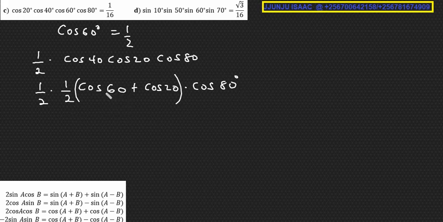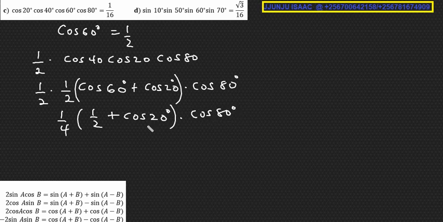So we are lucky we still have a cos 60 here, which is going to give us a half. So this is a quarter times a half plus cos 20 degrees dot cos 80 degrees. Multiply a quarter in the bracket here, we get 1 out of 8 plus 1 out of 4 cos 20 degrees.